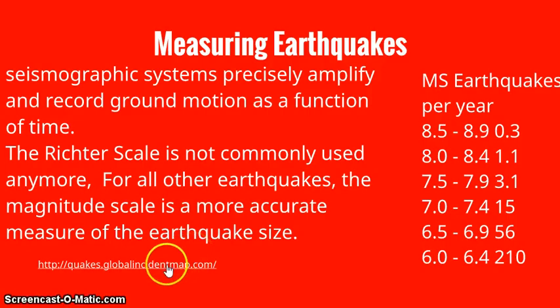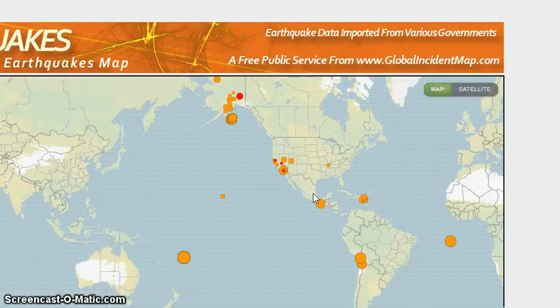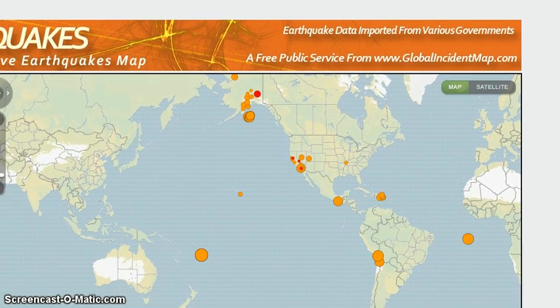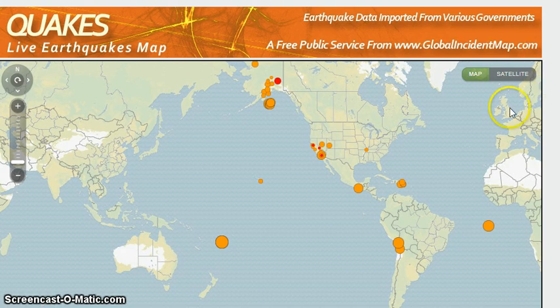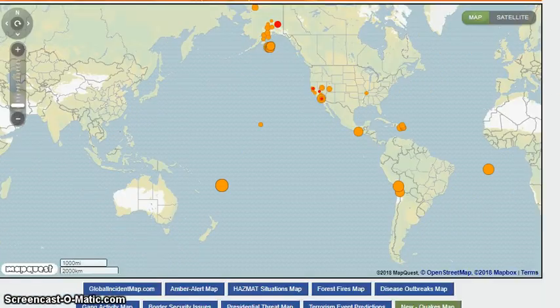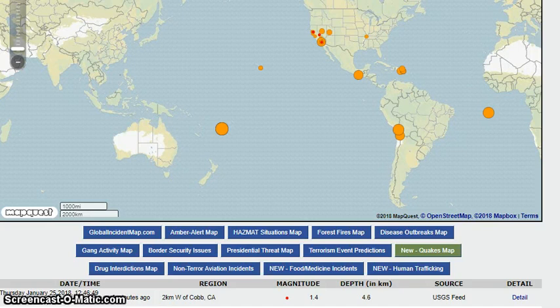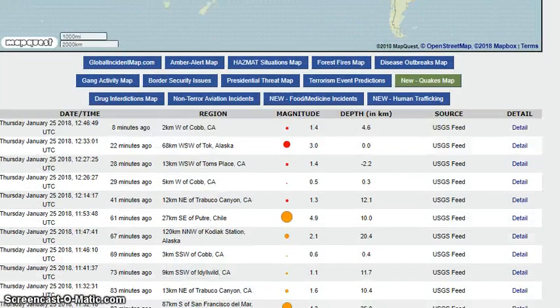And then we looked at this website that shows us some information on earthquakes happening all around the world, live. And we can see some of the maps. These are going to be different than the ones I showed in class because I'm taping this later.